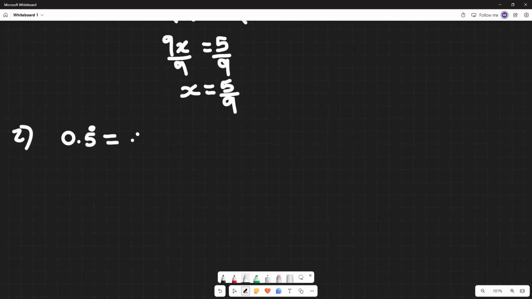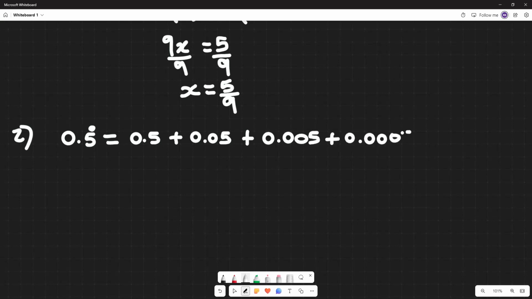This can be 0.5 plus 0.05 plus 0.005 plus 0.0005 and so on. The pattern can continue infinitely. If you add these 2, you get 0.55. If you add these 3, you get 0.555 and so on and so on.